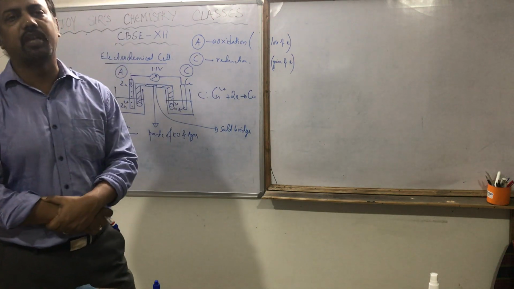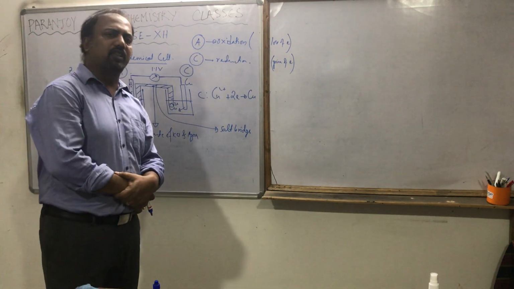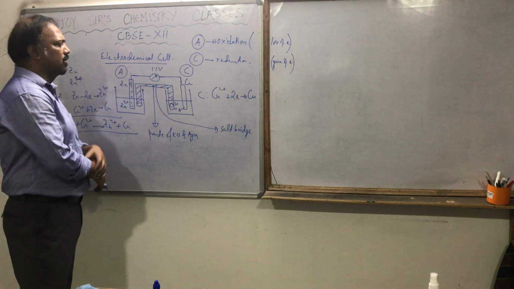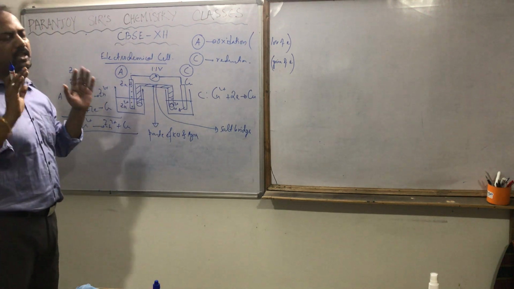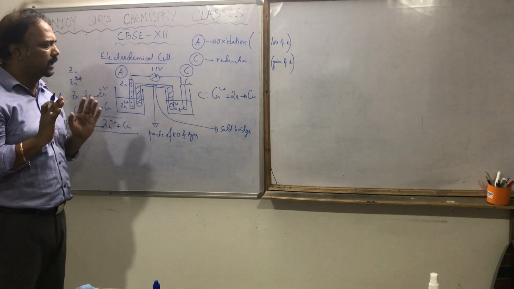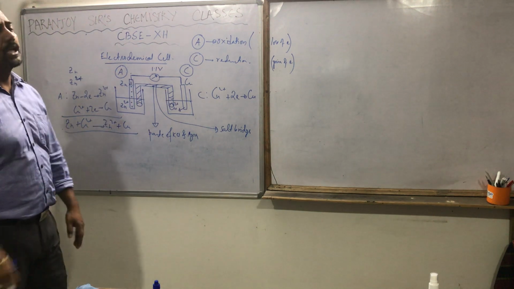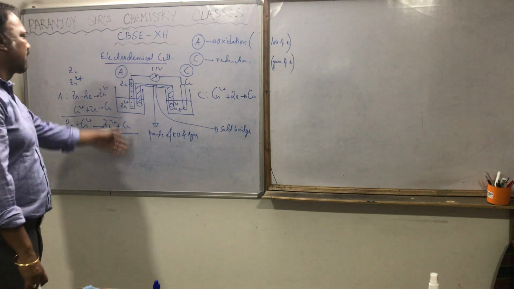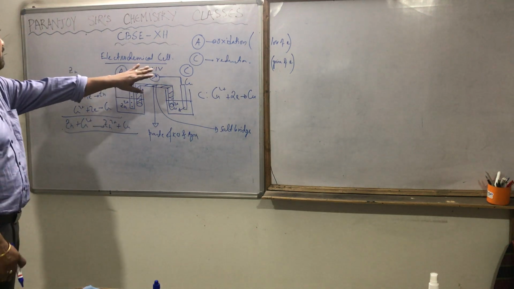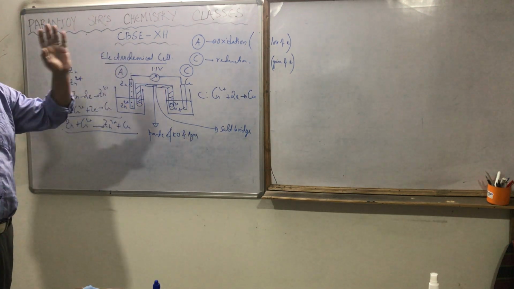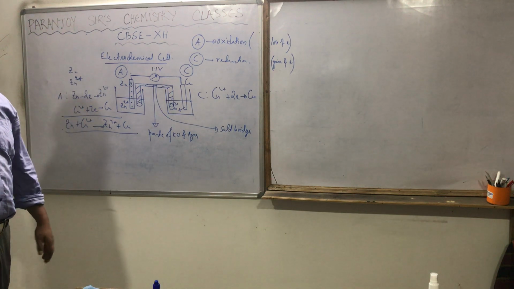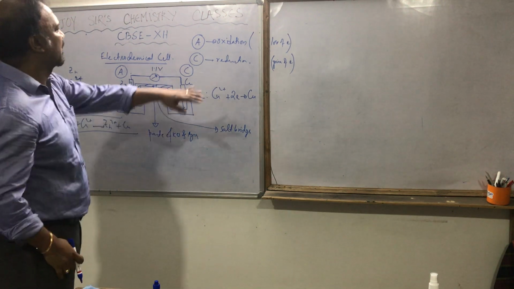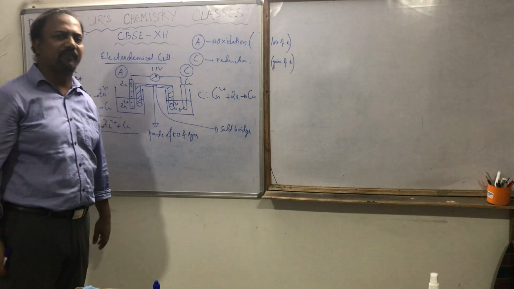The cell remains neutral because of this salt bridge. Clear? But if I ask what a galvanic cell or Daniell cell is, and you have to describe one particular cell by saying so many things, it becomes very big.